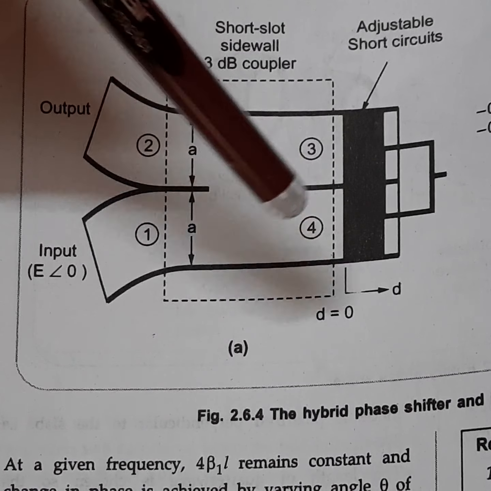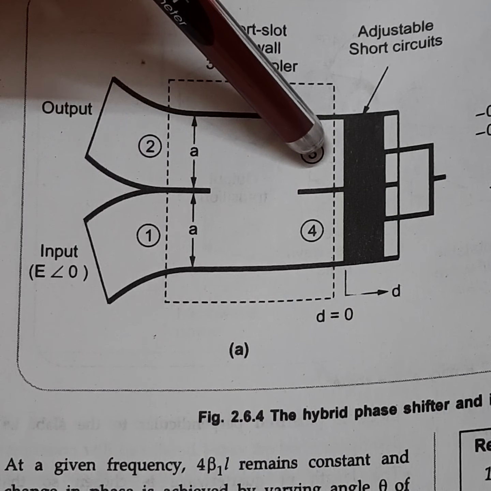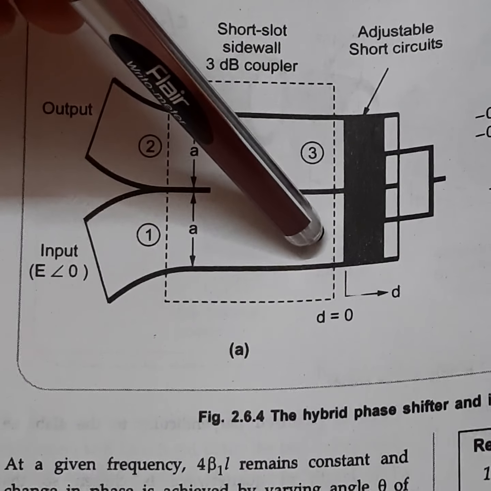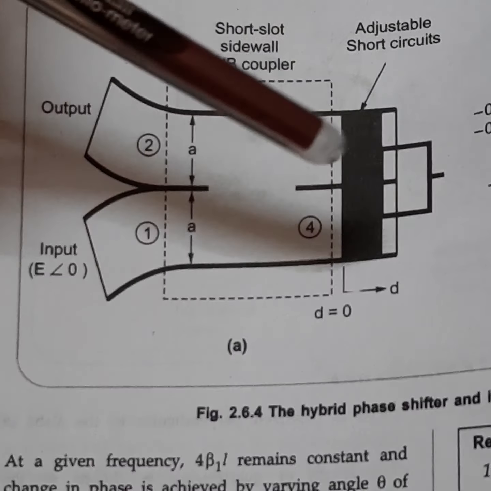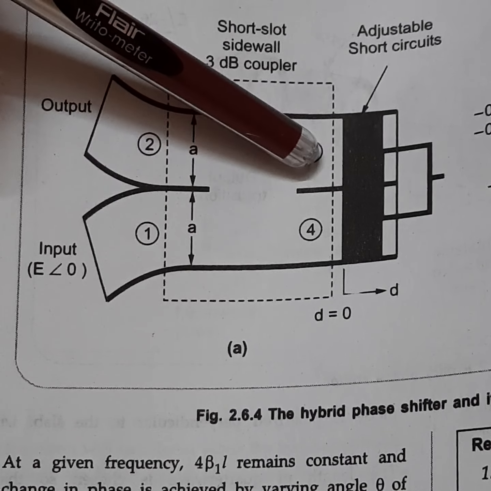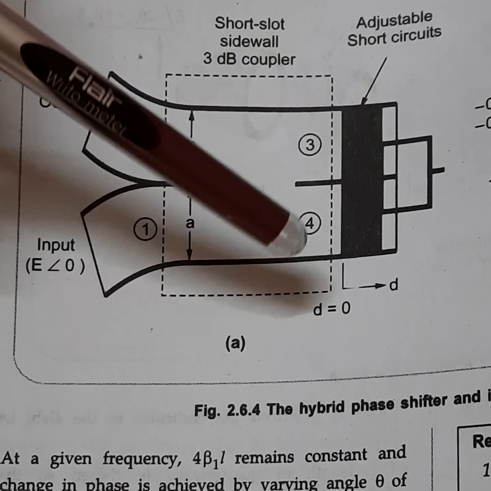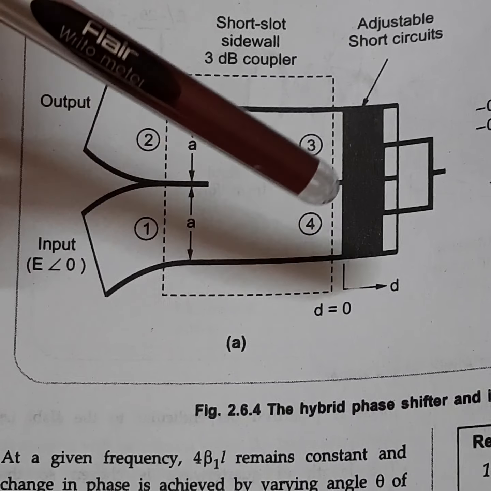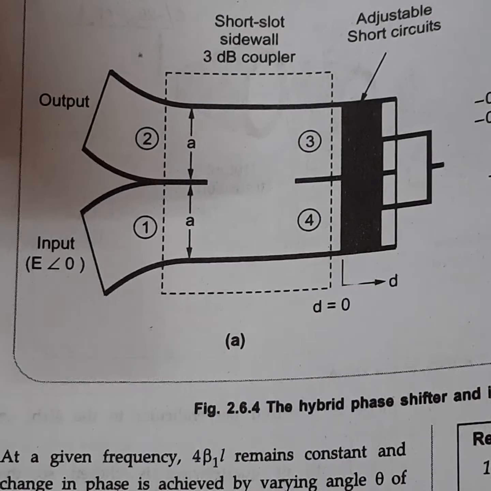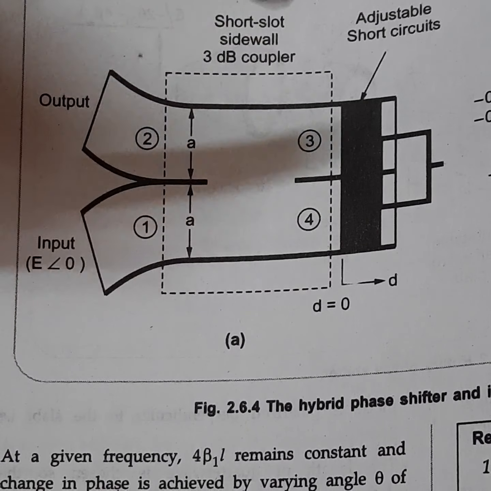Understood? Also, the wave arriving at port 3 is phase delayed by 90 degrees relative to port 4, that is pi by 2. Thus the coupler symmetry ensures similar effects when power is injected at any of the other ports.